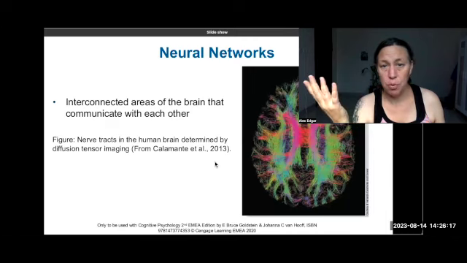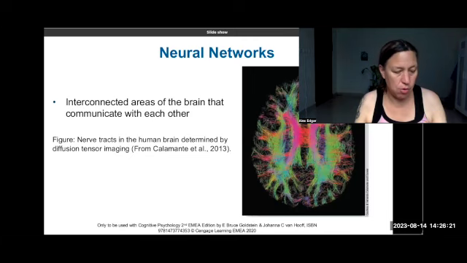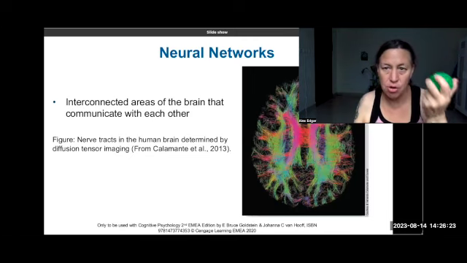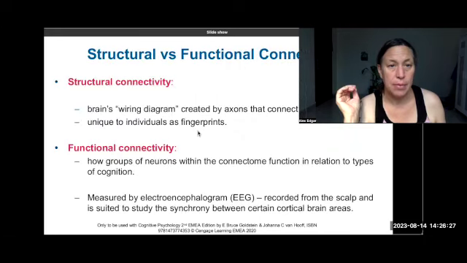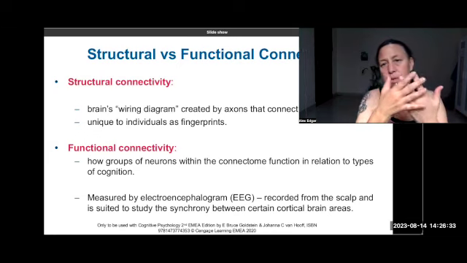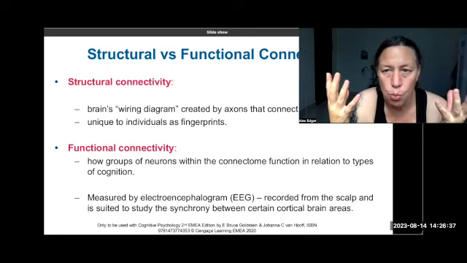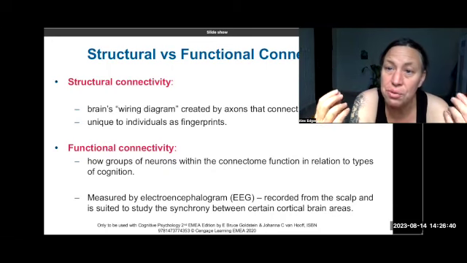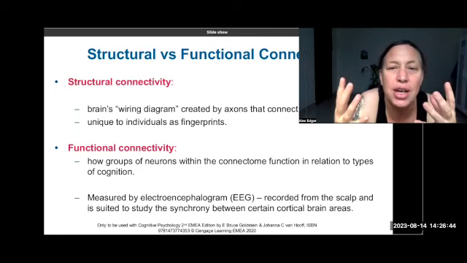A neural network meaning the whole brain is a network that communicates one with the other because you've got to put it all together to create a coherent picture of what's going on out there. Structurally connected, it is a physical thing and it's unique to each of us depending, because the brain is plastic, on what you've been exposed to. When you learn new things, the actual physical shape of your brain changes.